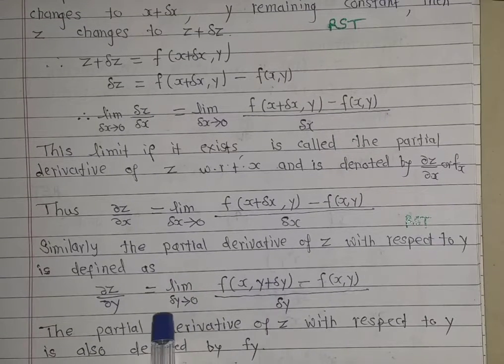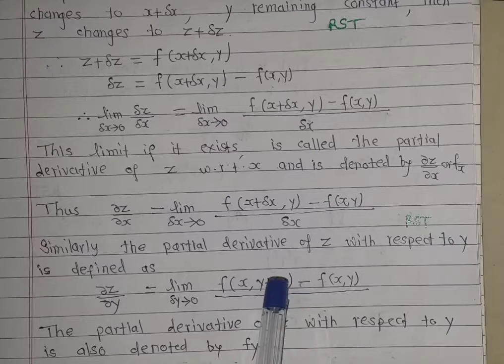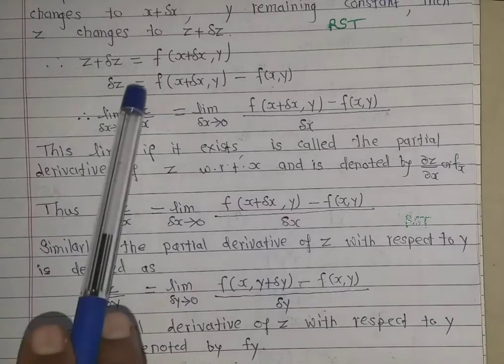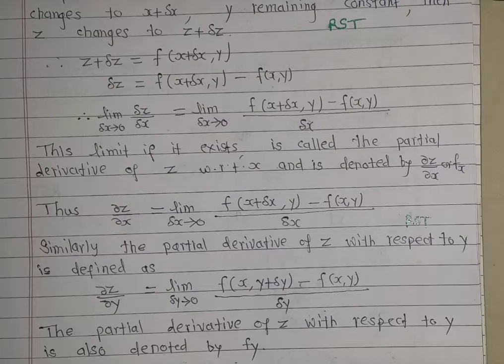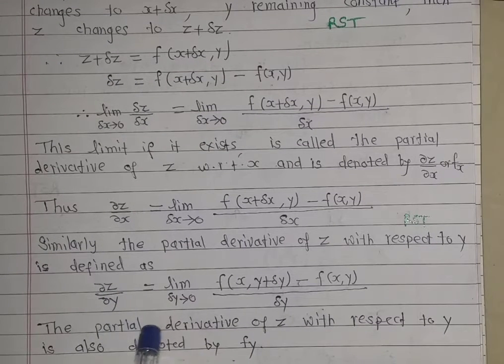Here there is a small change in y, so that y becomes y plus delta y and z also changes to z plus delta z. Hence delta z by delta y, finally we get the limit as delta y tends to 0 of f of x comma y plus delta y minus f of x y upon delta y.